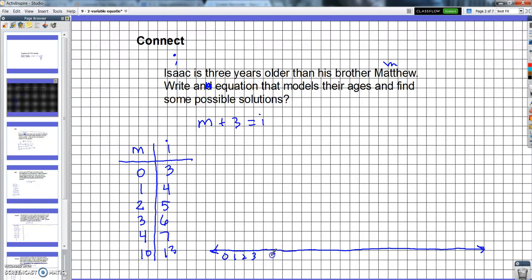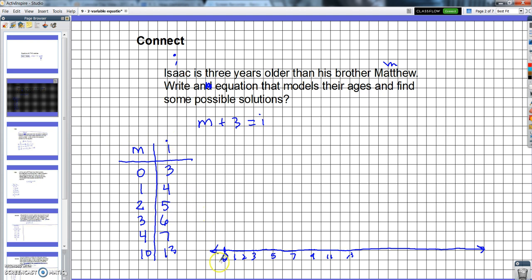Maybe I'll skip a few: 5, 7, 9, 11, 13, and so on. I'm going to stop there. I picked a scale. Each of these grid marks is 1 year for Matthew's age. And I have to have a 0. Don't forget your 0.